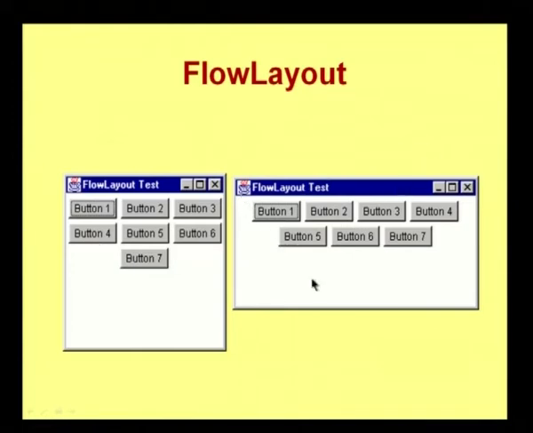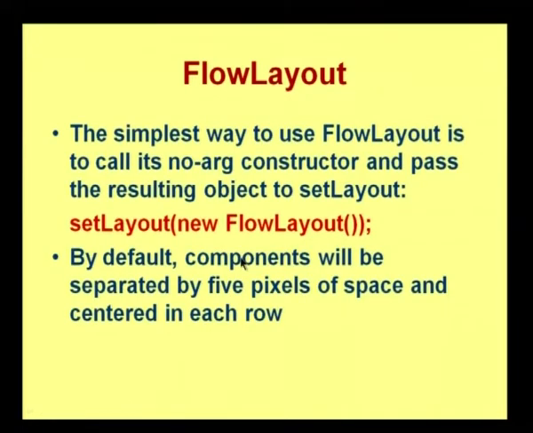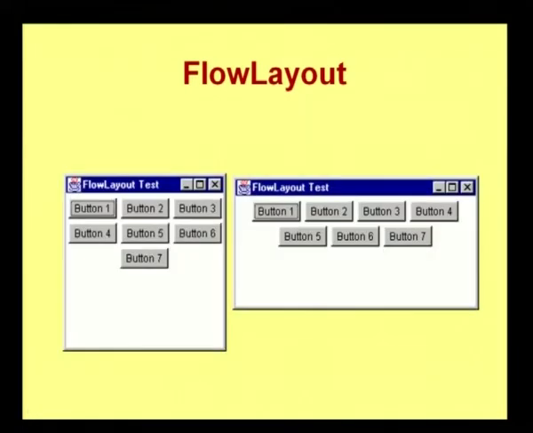Whereas, you can see here my frame width is more. So, in that case 1, 2, 3 get added, 4 gets added, and 5 I am not able to accommodate in that particular row, so it comes to the next row. So, this purely depends on the size of the frame or container. Even if it is a container, I can load the components on the panel also.